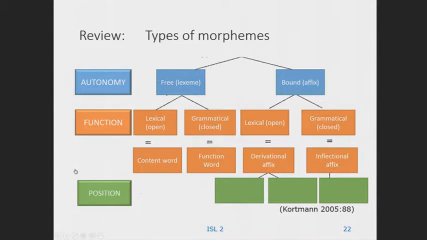Whereas if we just add grammatical meaning, we say that's a question of inflection, so inflectional affixes. And then last but not least, for position, for derivational affixes, we can have two positions, namely prefix and suffix. Whereas for inflectional ones, we only have suffixes, right?